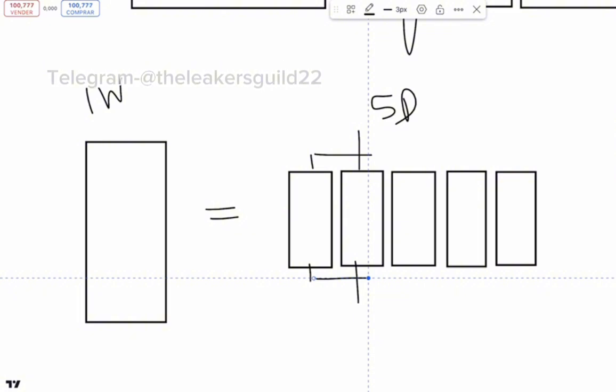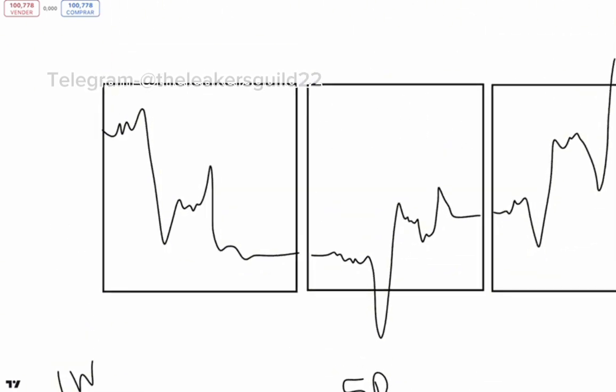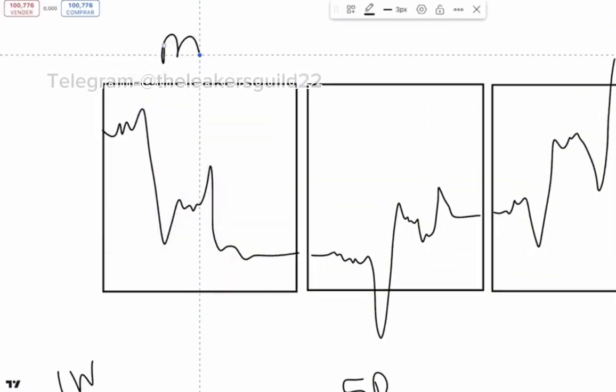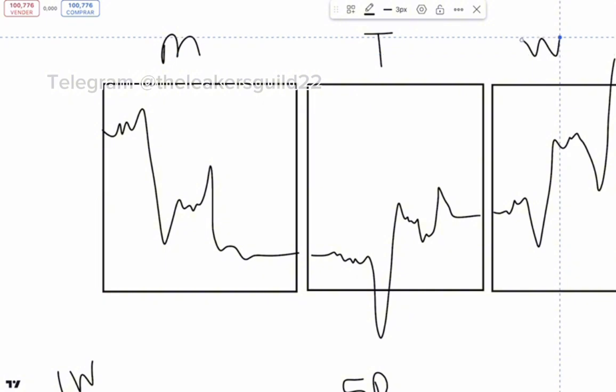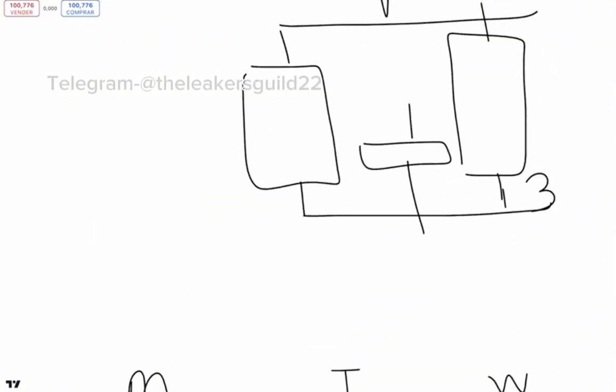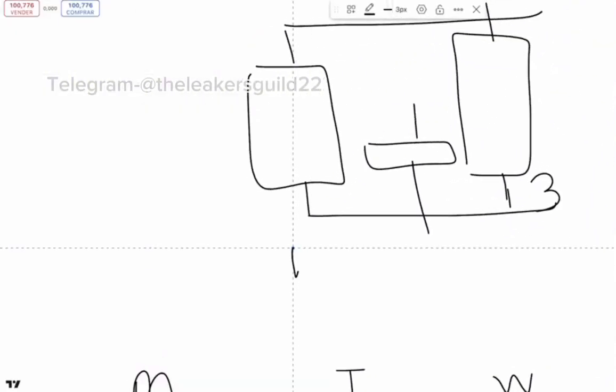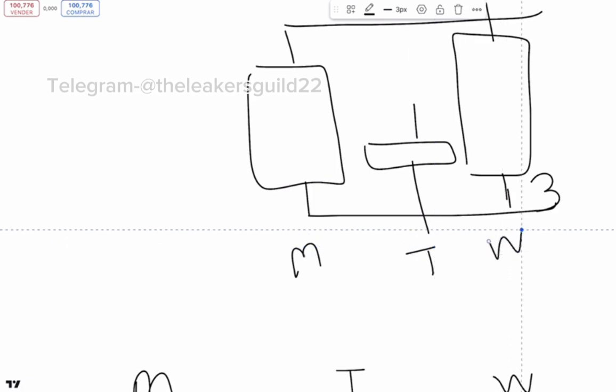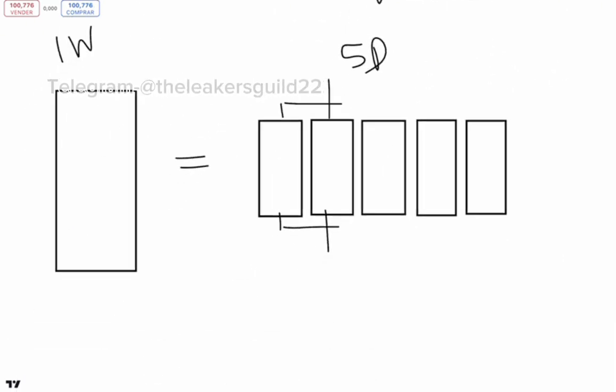It could be Monday, Tuesday, Wednesday. Usually, the best one is the Monday model, right? You have Monday, Tuesday, Wednesday, and that's CRT for you, right? Monday, Tuesday, Wednesday.